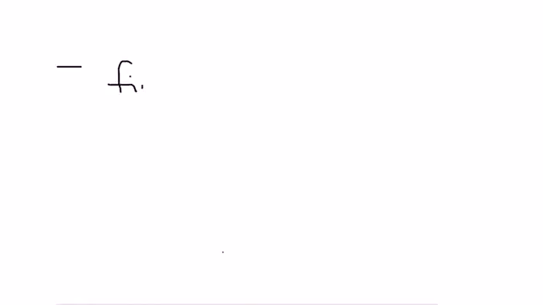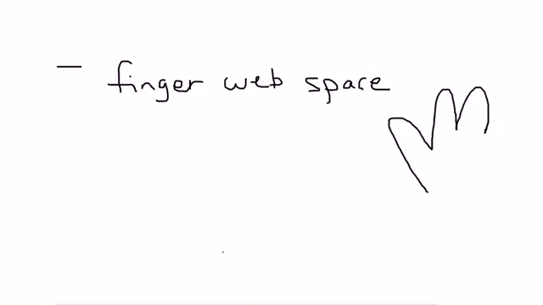Another thing that can help you distinguish scabies is where the rash actually occurs. Some of the more classic places are the finger web spaces. So for example, if you had a hand, the finger web spaces are these areas right here.